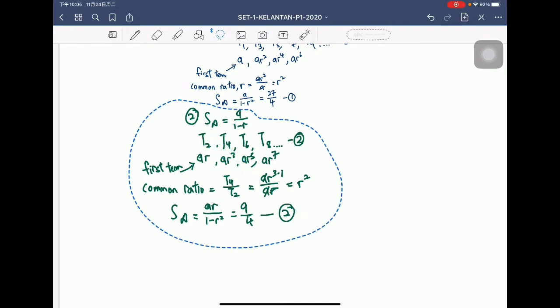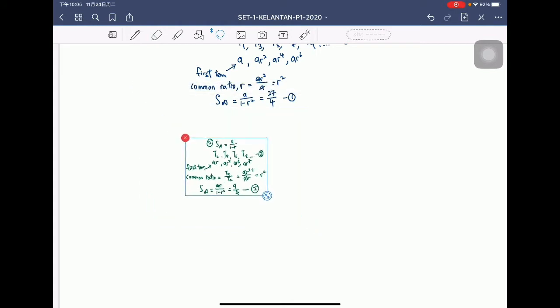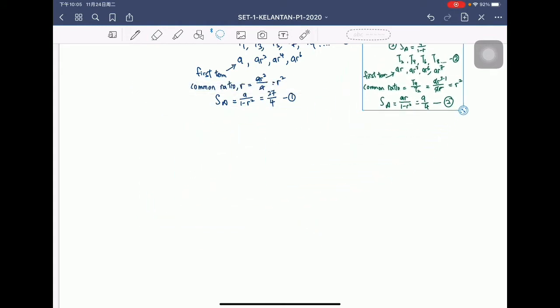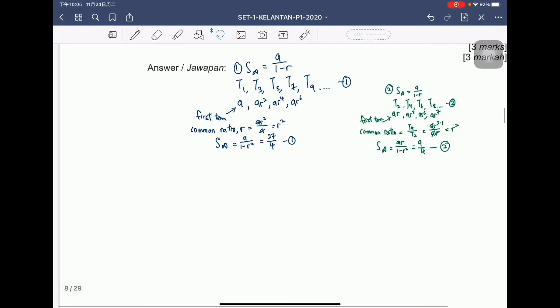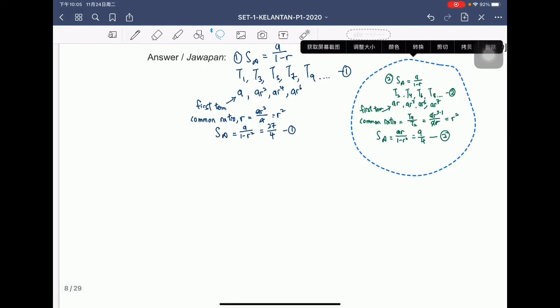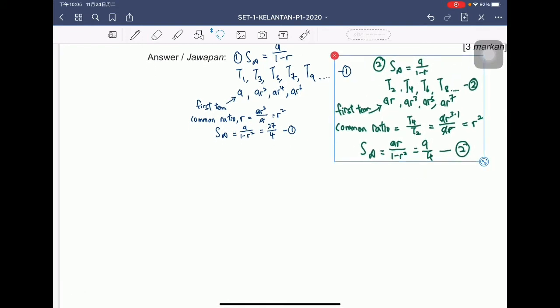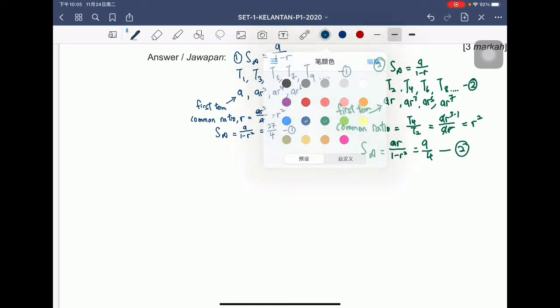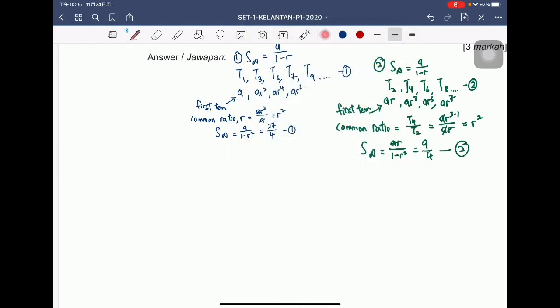So now the next step we will do is the simultaneous equation. I will use the pink color to combine these two equations.